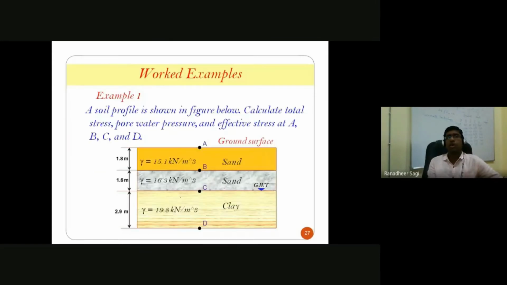Let us go ahead and see how to solve some of the problems related to the concept we have talked about, that is stresses in the soil with seepage and without seepage. If I come across the condition without seepage, how do I calculate the total stress, the pore water pressure, which is otherwise also called neutral stress, and the other stress, the effective stress?